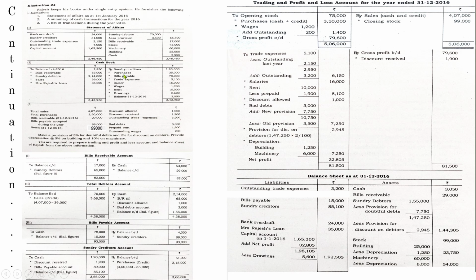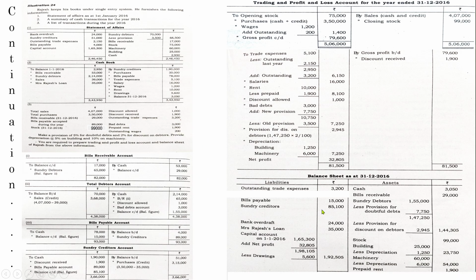So right now go through all these details, whether there is anything that we have left out. There are no such details. Next one, closing stock is taken, discount allowed, outstanding trade expenses we already took, balance adjusted, prepaid rent 1,900. It is an asset, so show it in the asset column. Next one, outstanding wages 200.